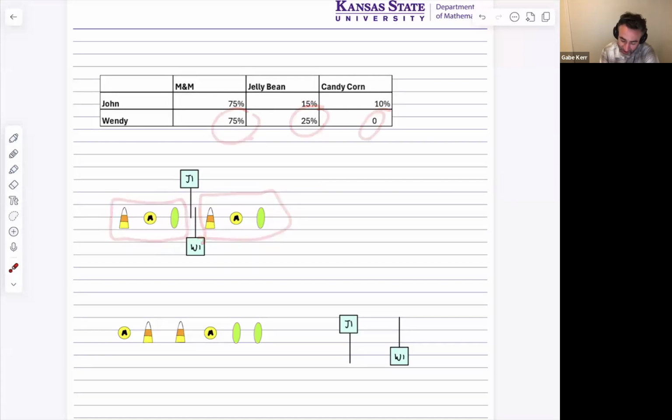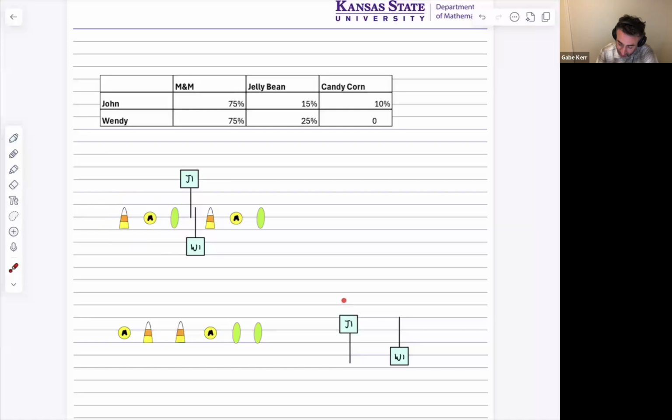Well, not 200%, but it's really 50% of the whole. Now, if I wanted to reach that magic number of 100 for John, John would look and say, okay, if M&M gets me to 75, the candy corn gets me 10, so that's 85, 95. Okay, so I need to go this far at least if I'm going to get 100.